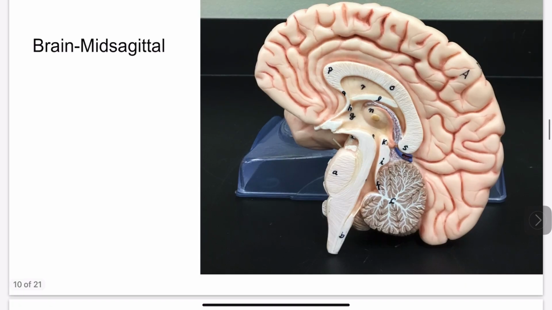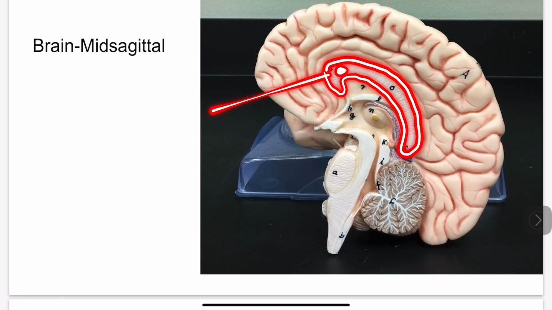So we have right around here a couple of structures that you can see from the mid-sagittal view, and we're just going to go over all of them. So right around here, this is the one I said kind of looks like a Nike swoosh, right? It's also kind of like a C shape.